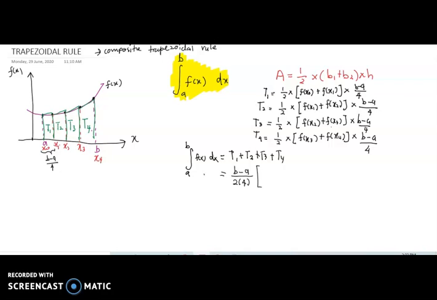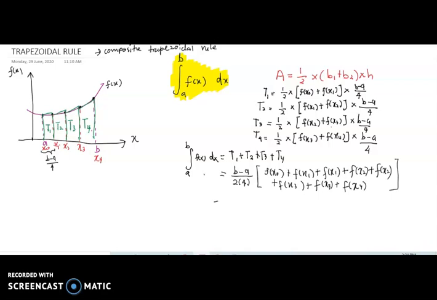Okay. And then f of x0 plus f of x1 plus f of x1 plus f of x2 plus f of x2 plus f of x3 plus f of x3 and plus f of x4.